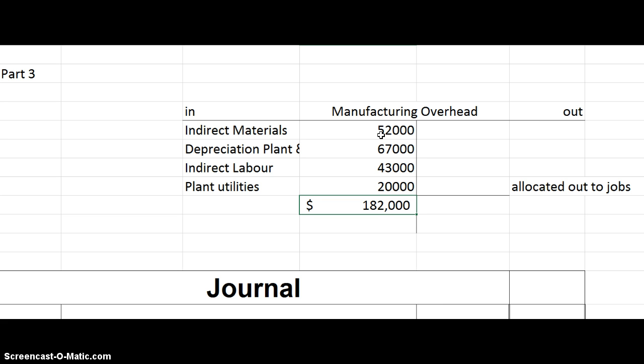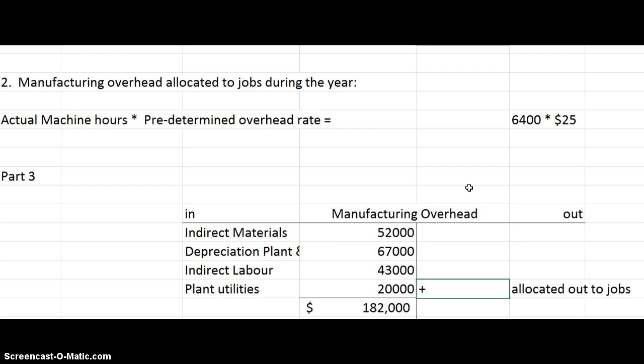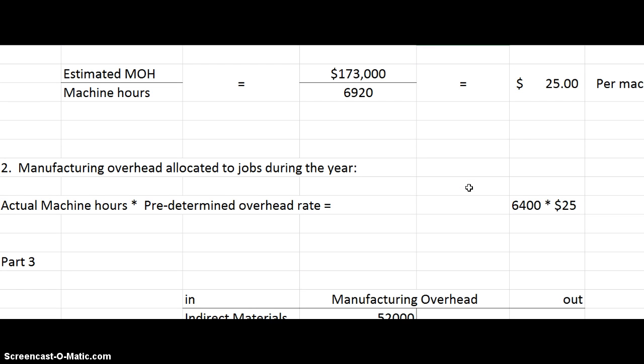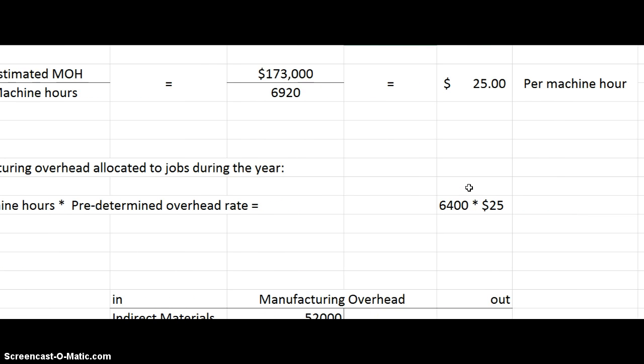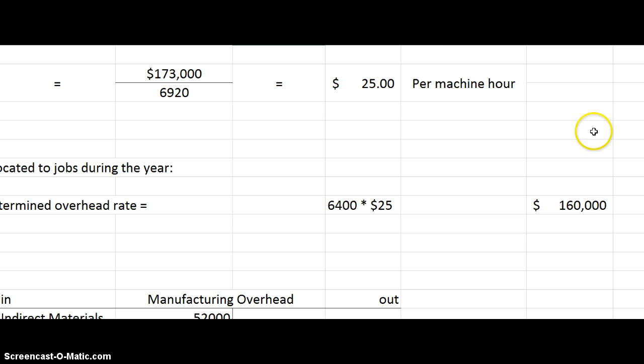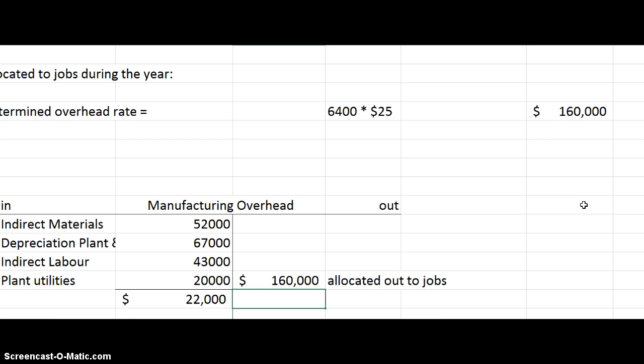Now, in part 2, we allocated out $160,000 to our jobs.